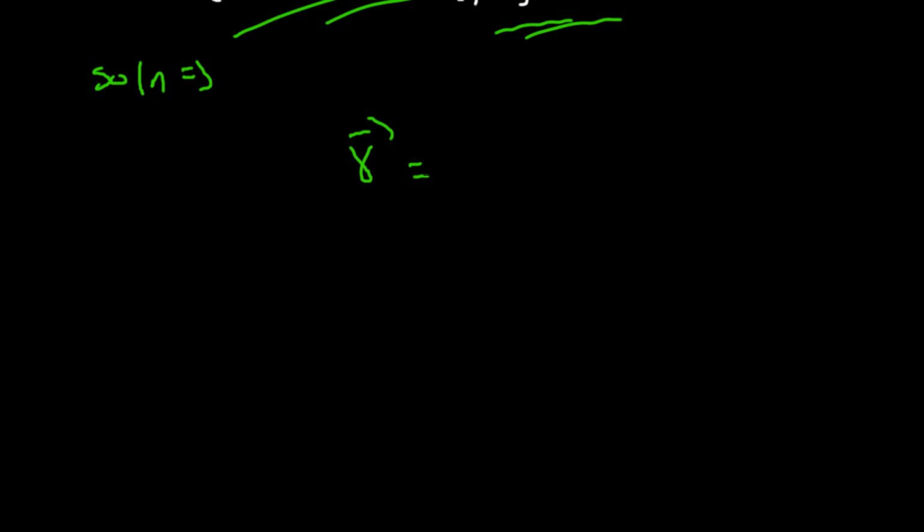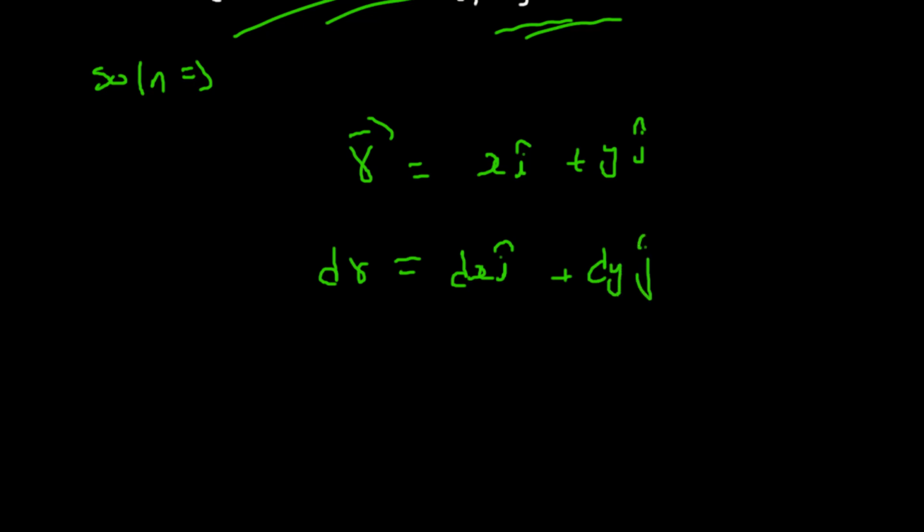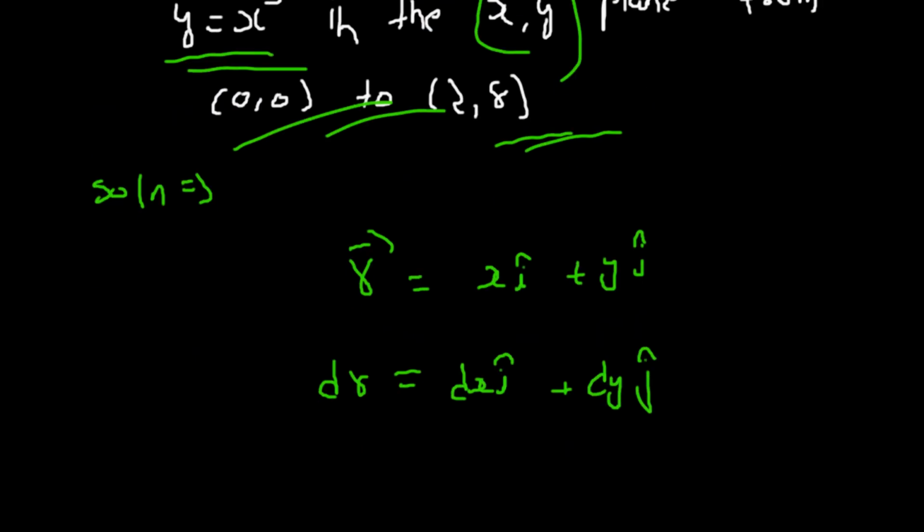As I told you earlier, the value of r is x i cap plus y j cap. The value of dr is dx i cap plus dy j cap. Now let's solve F vector into dr vector.